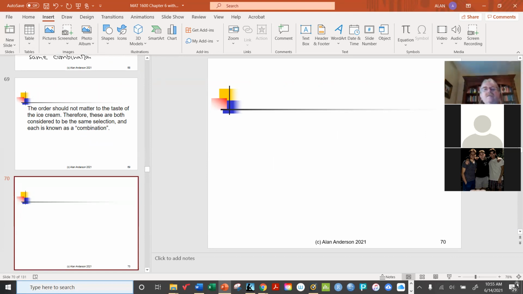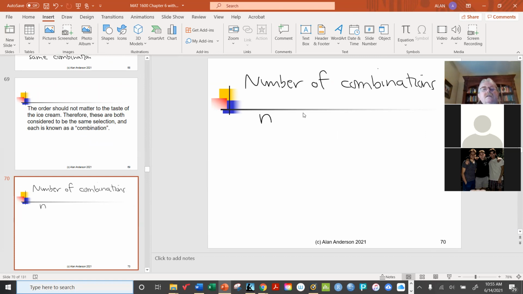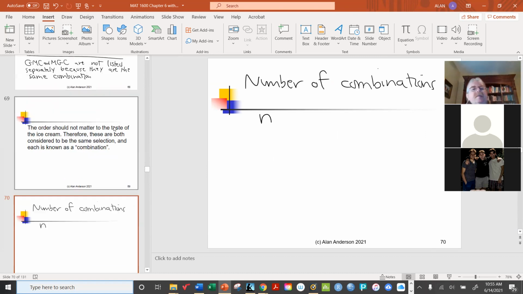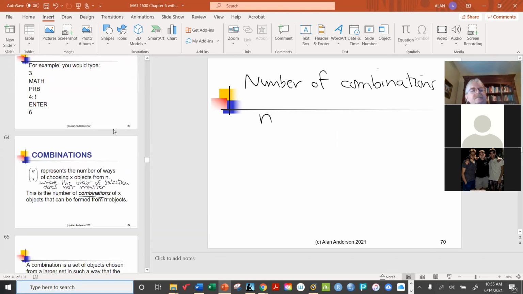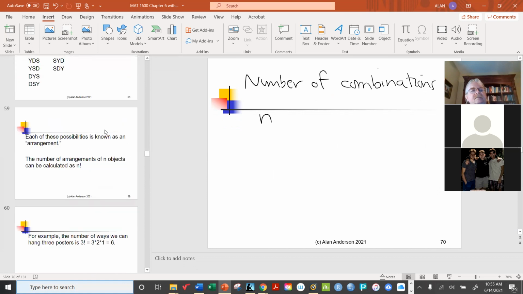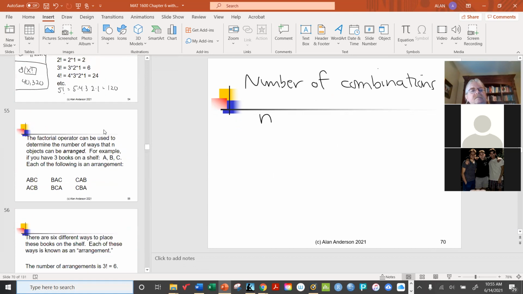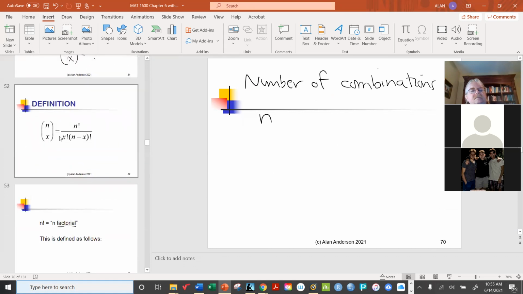Let's do the formula now. The formula for the number of combinations is N. In fact, let me go copy it back here so you can see it again. There we go.